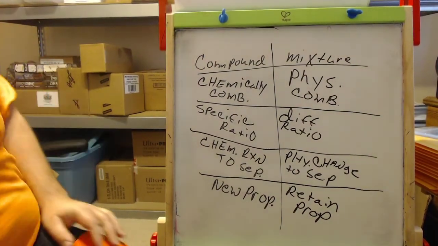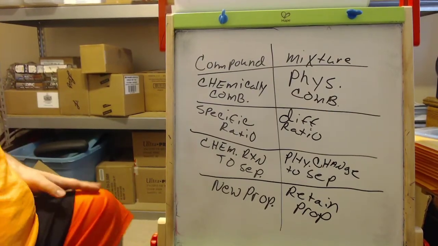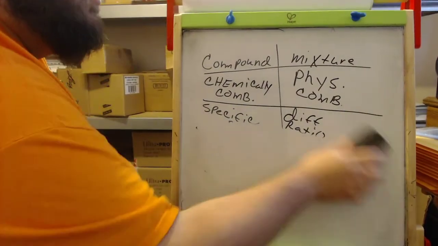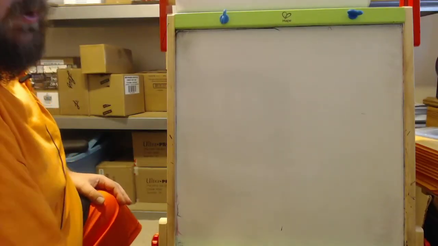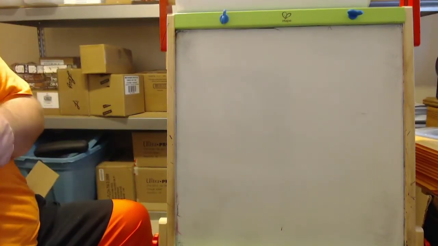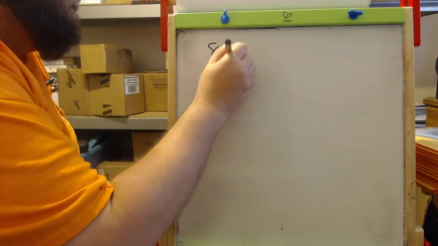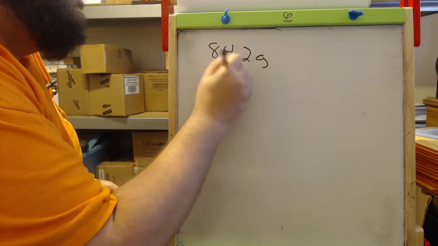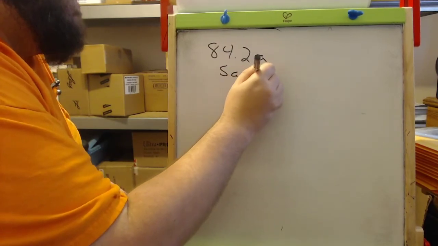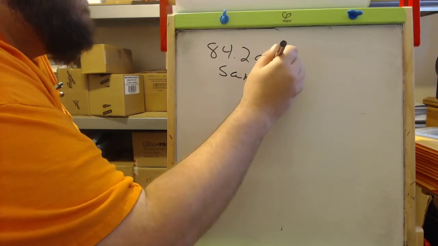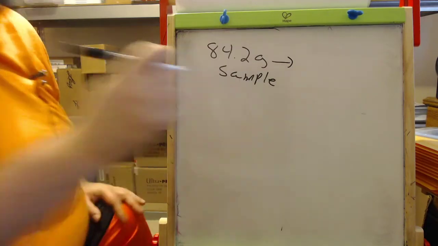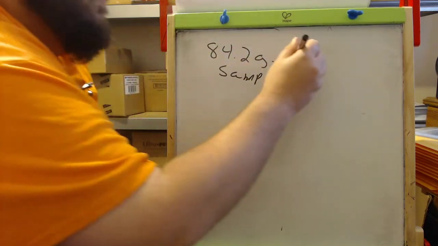So what they're basically telling you here is if I analyze a small sample and find the ratio, I can apply it to any size sample. Okay, so they're saying that they took an 84.2 gram sample, and the 84.2 gram sample has 71.4 grams of uranium.